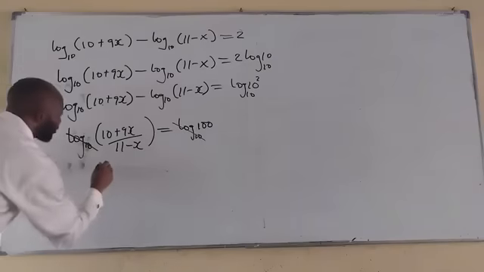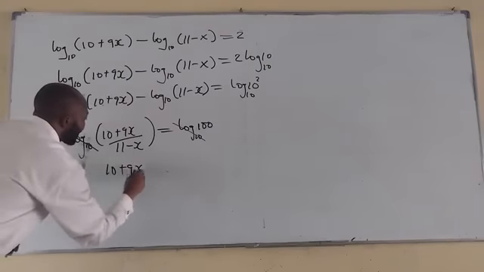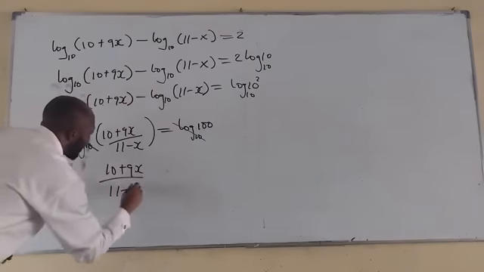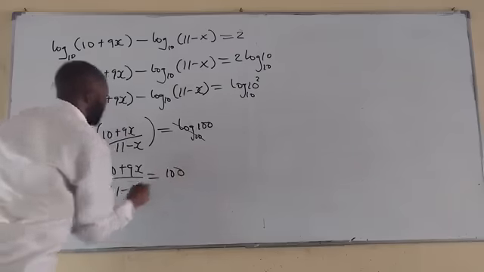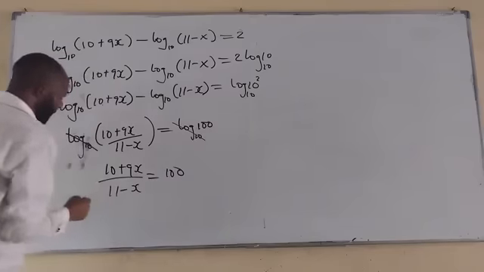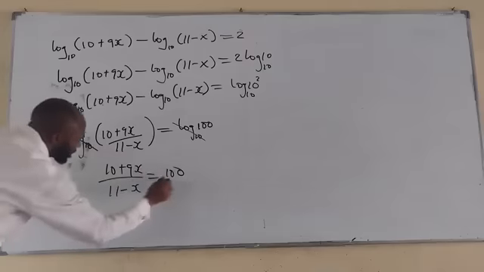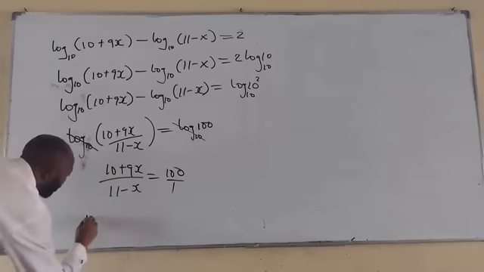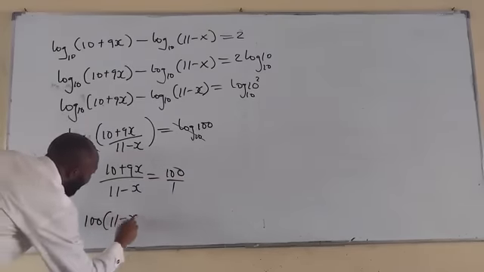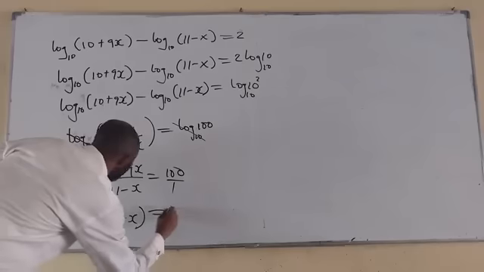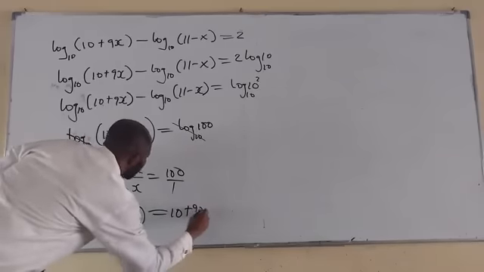So now I have 10 plus 9x over 11 minus x is equal to 100. I cross multiply: 100 open bracket 11 minus x is equal to 10 plus 9x.